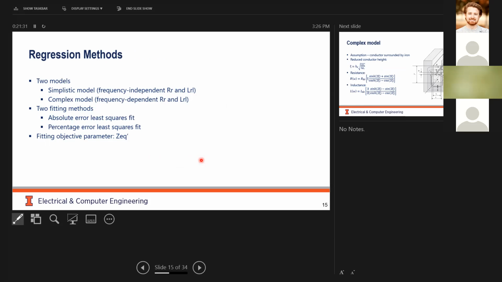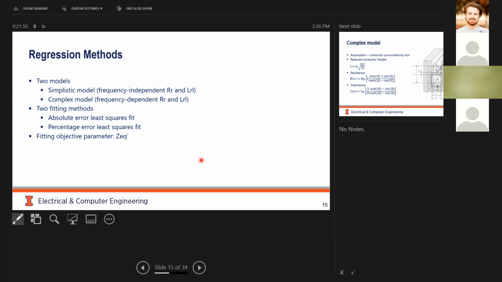So the method is to use a least square fit regression to find the RR and LRL that best fit the curves I just showed in the previous slide.